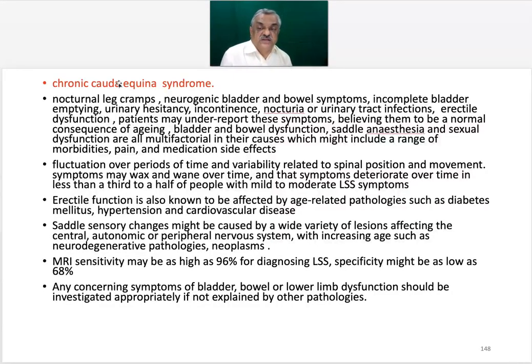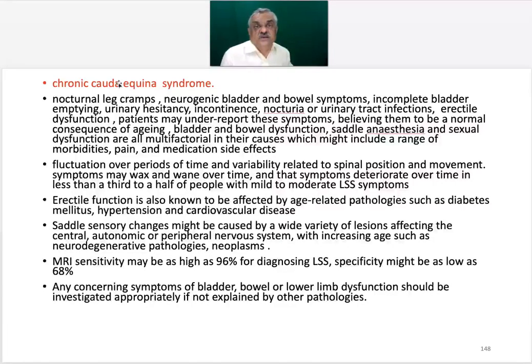Saddle anesthesia and sexual dysfunction are all multifactorial in their causes, which might include a range of morbidities, pain, and medication side effects, in addition to the spine-related cause. Fluctuation over periods of time and variability related to spinal position and movement is also known.